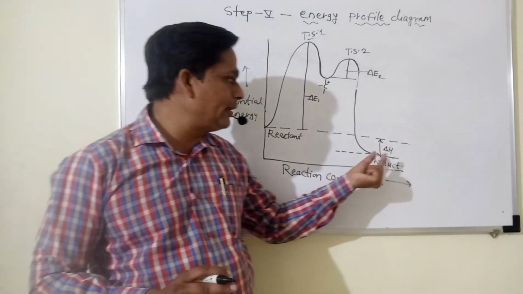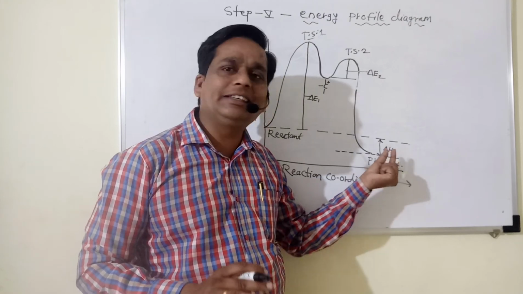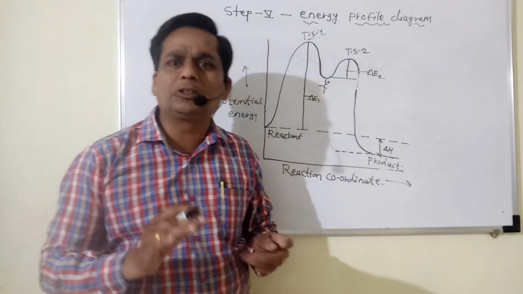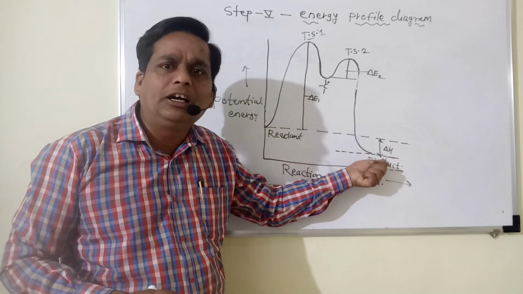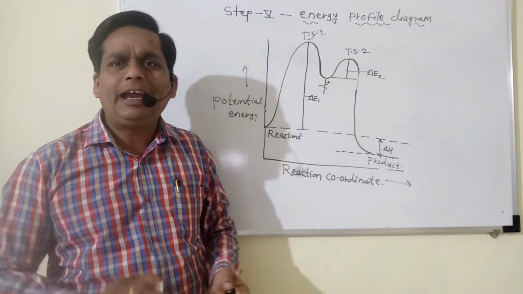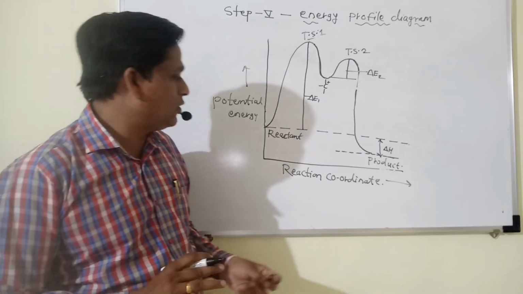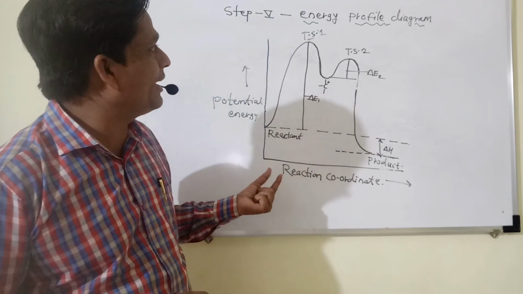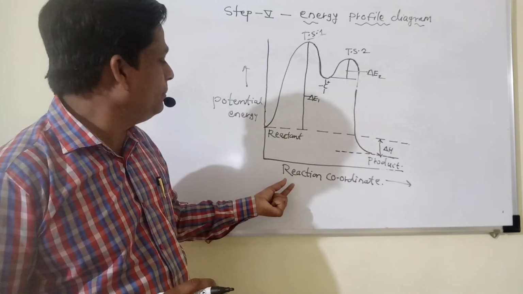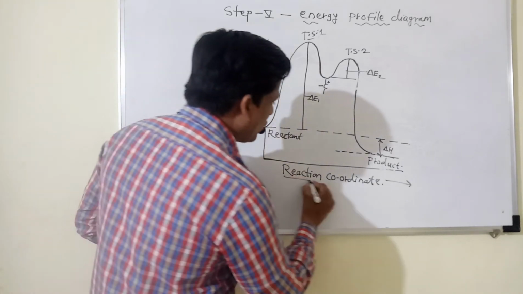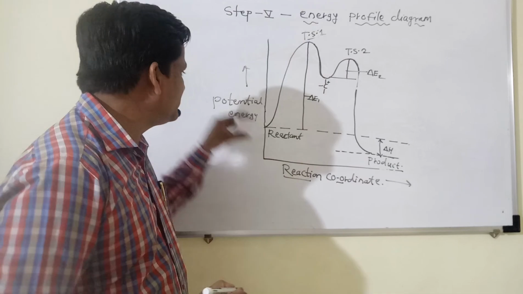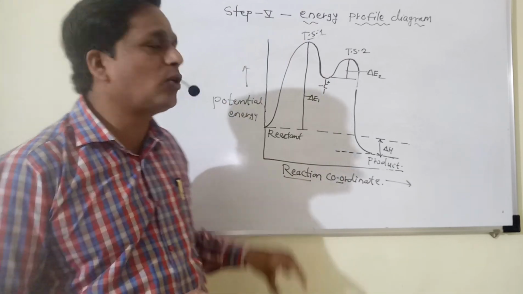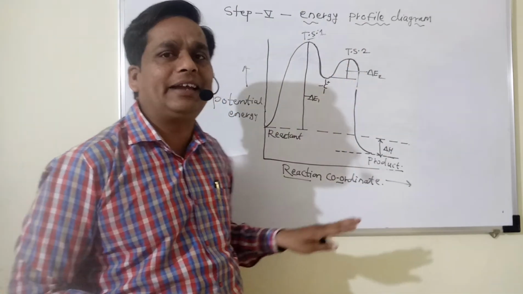If in some reaction delta H is negative, it is an exothermic reaction, and if delta H is positive, it is an endothermic reaction. The graph of reaction coordinate versus potential energy is called the energy profile diagram.